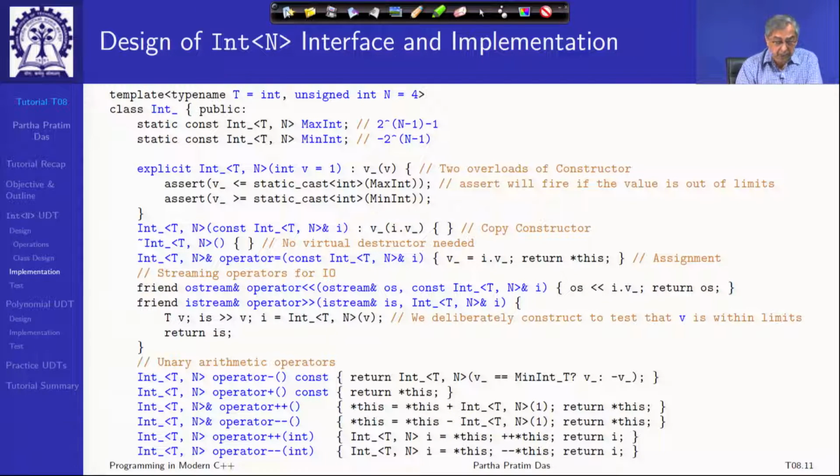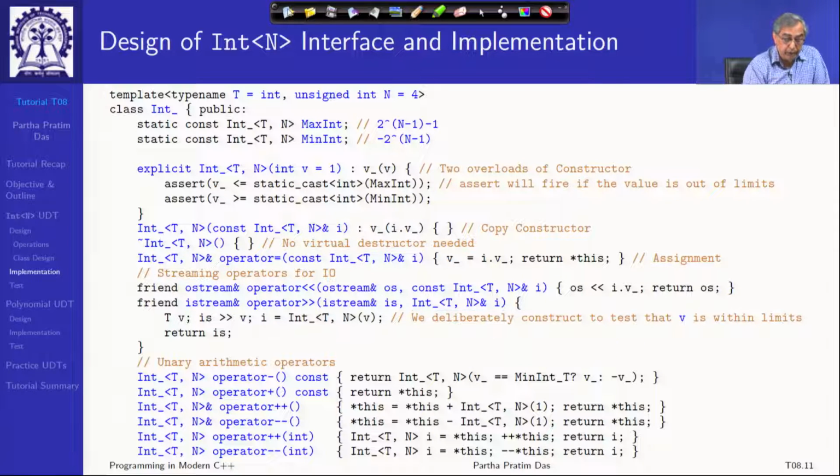In a similar manner, if you look into the input streaming operator, in the input streaming operator I am passing an already constructed int object I. So, what could have been simply this operation, the input stream reads I dot v, I could have simply written that, but I am not choosing to do that.